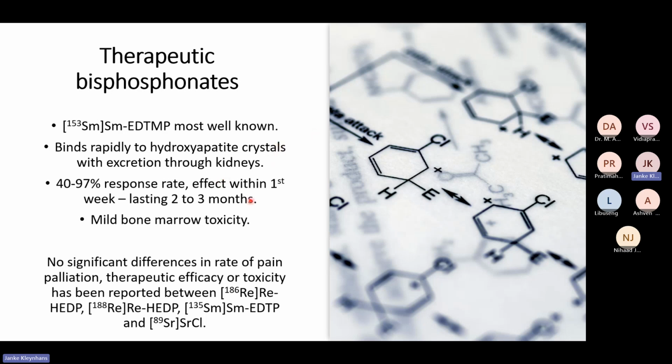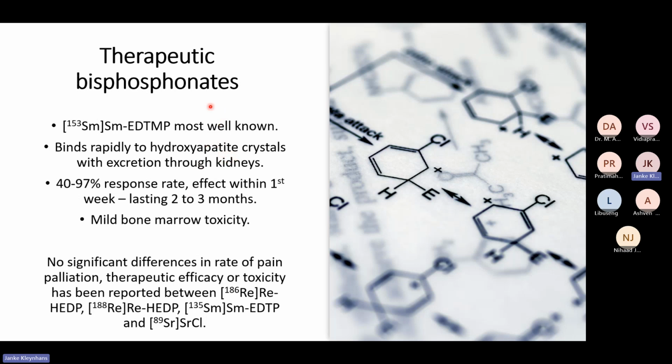It has a response rate of 40 to 97% within the first week, and it lasts 2 to 3 months. So the differences between these therapeutic radionuclides for bone pain palliation is the amount of time the bone pain goes away. So in some instances with strontium-89, it's maybe 6 months or more. Samarium, it is 2 to 3 months, and you can give it to the patient again.